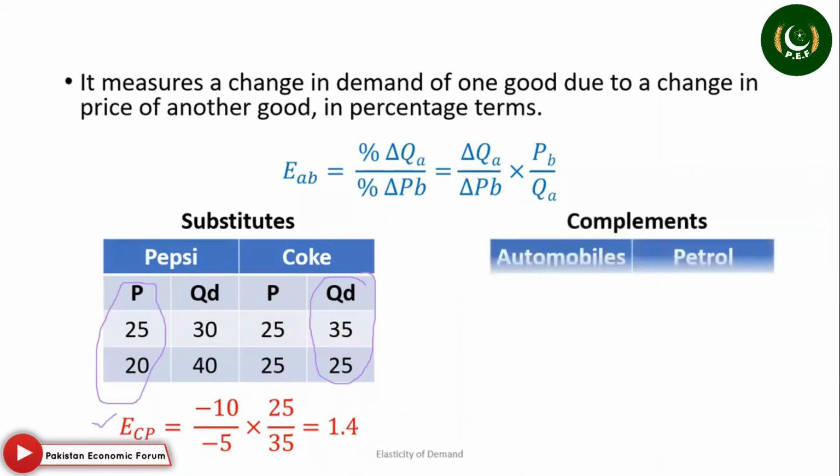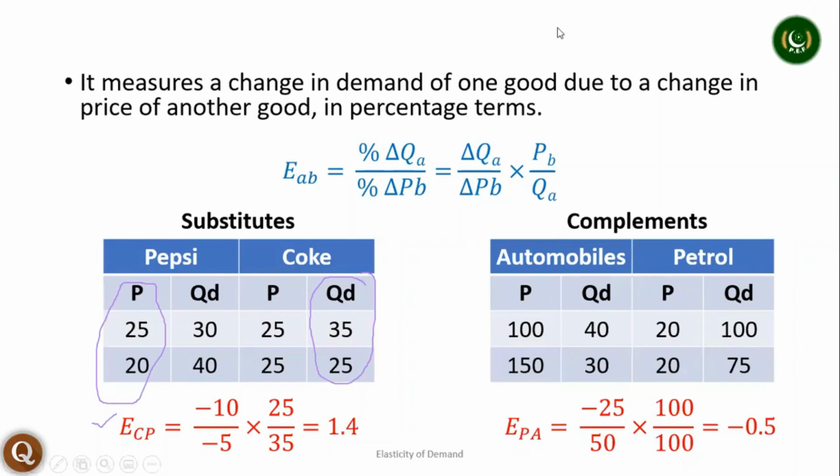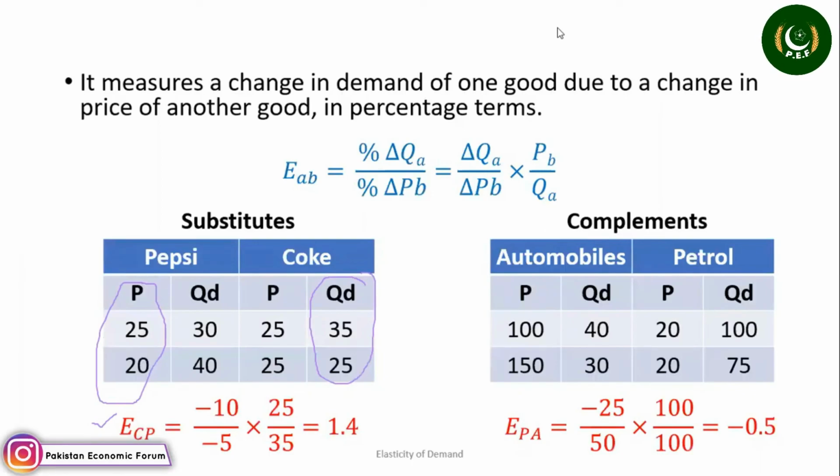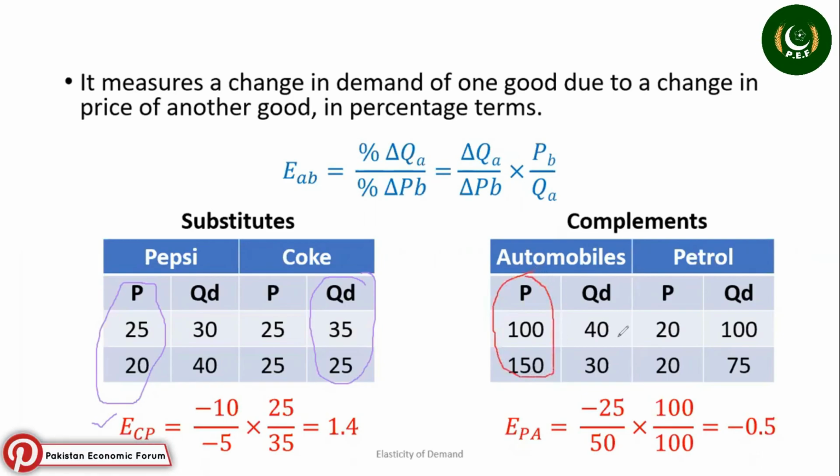Next is the case of complements. Complements are the goods that are used together. For example, socks and shoes or automobiles and petrol. Here, an increase in the price of automobiles not only reduced the quantity demanded of automobiles, but it also affected the sale of petrol.